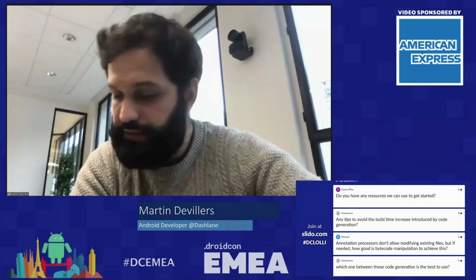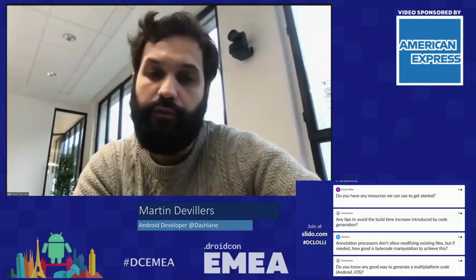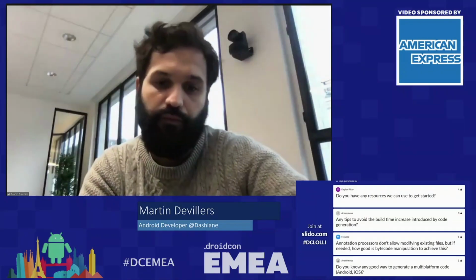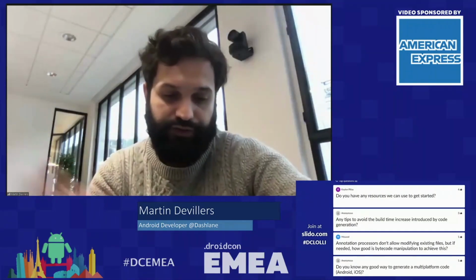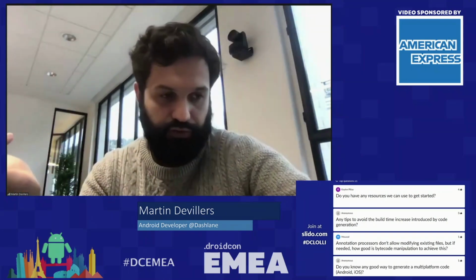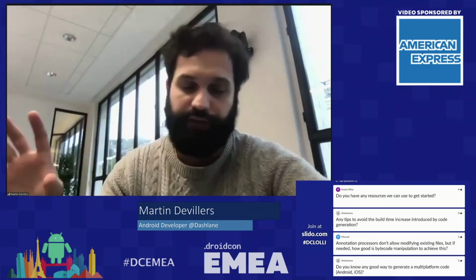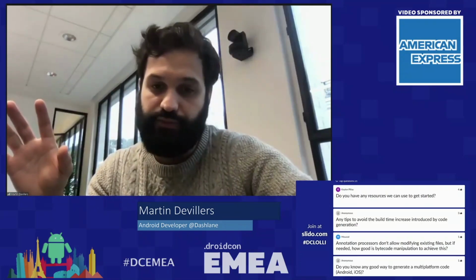Another example that I didn't mention is we use code generators also for the user data, because at Dashlane we make a password manager. This means all the user data is encrypted when it goes through our servers. We never want to have access to user data, so it's entirely encrypted with their master password.